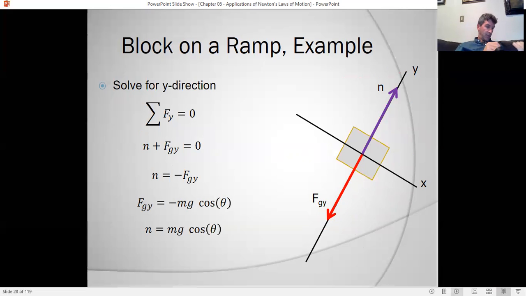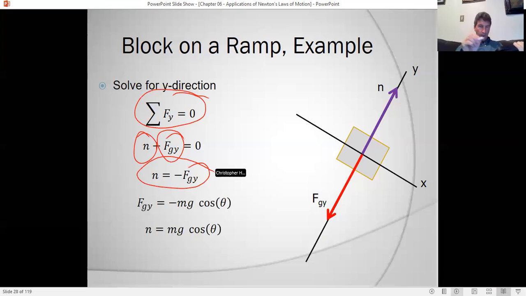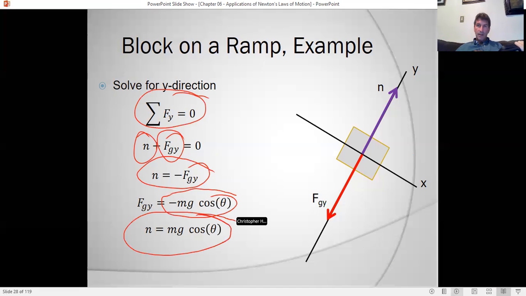So I do the sum of the forces in the y direction. Normal force goes up, weight pulls down. So the normal force is equal and opposite to the y component of the weight. The y component of the weight is mg cosine theta, negative because it's in the opposite direction. And there is my normal force. I need the normal force because friction is equal to mu times N. So that's going to go right there.